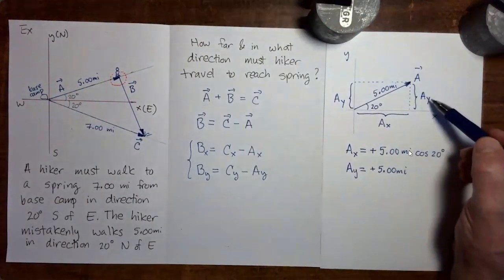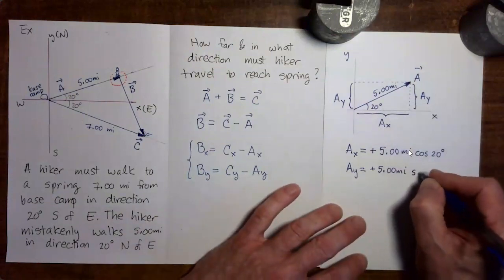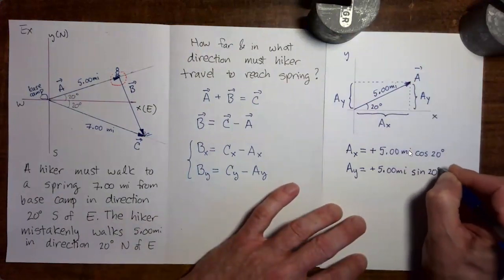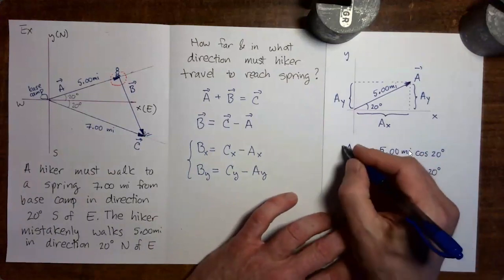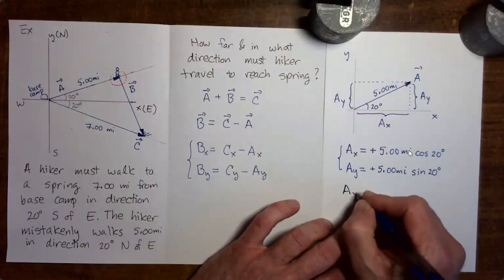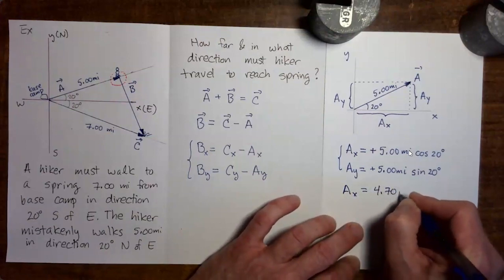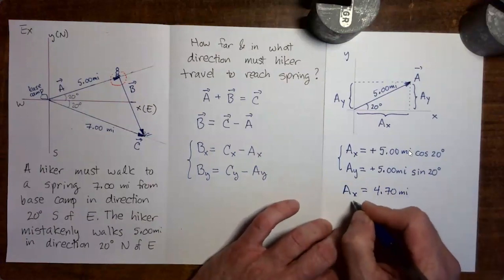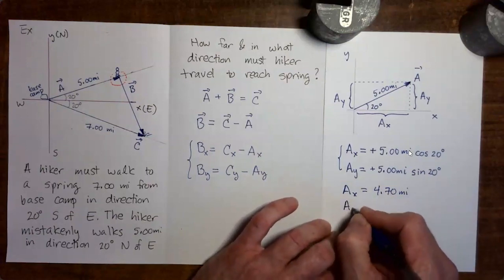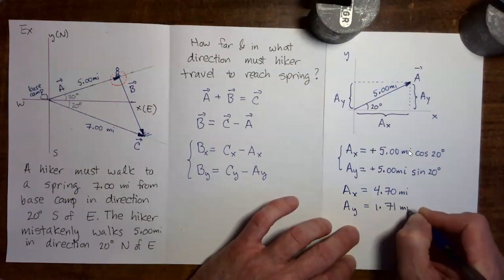And here you can see that a sub y is opposite to the 20-degree angle. So I'm going to put sine 20. Okay, so at this point, you can put these into your calculator. And I get a sub x equals 4.70 miles, and a sub y equals 1.71 miles.